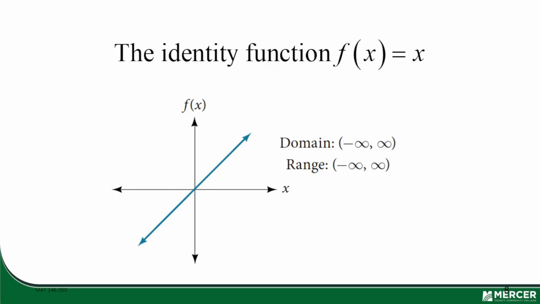It's the diagonal line through the origin, slope 1. Domain all real numbers, range all real numbers. Of course, you can notice just by looking at that, the identity function is odd. And it's symmetric through the origin.